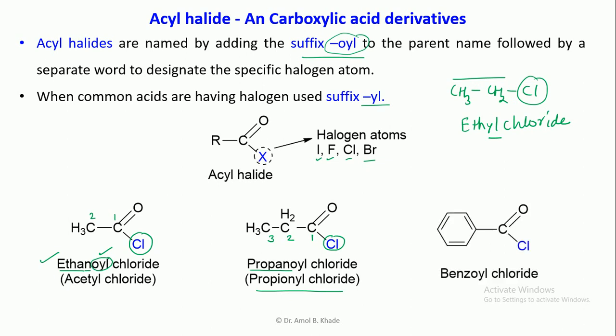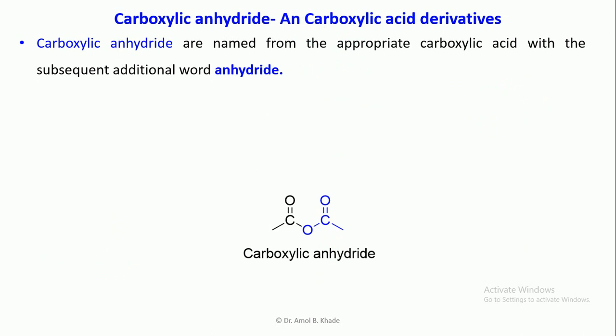Similarly, here there is a benzene ring, and to this carbonyl carbon the chlorine halogen atom is attached. So it will be benzoyl instead of benzene. The e is dropped and oyl is attached, so it is benzoyl chloride. This is again an important reagent in many organic reactions. These are the examples of acyl halides.